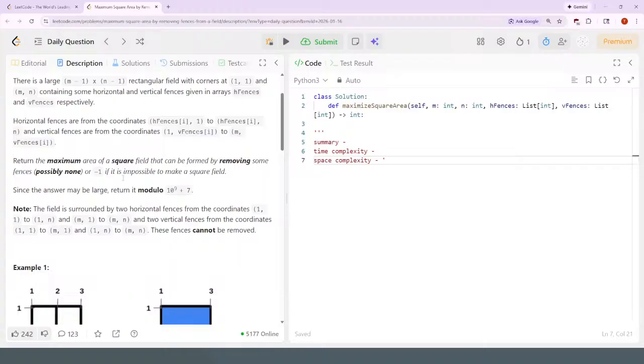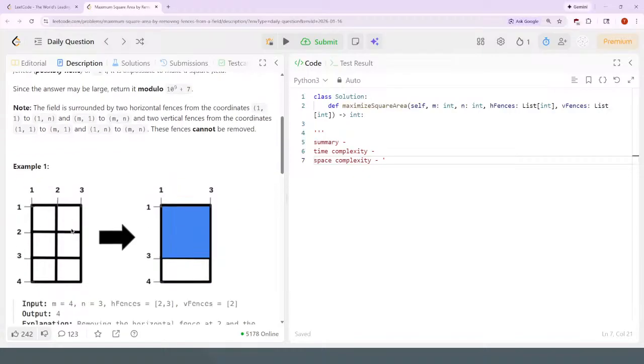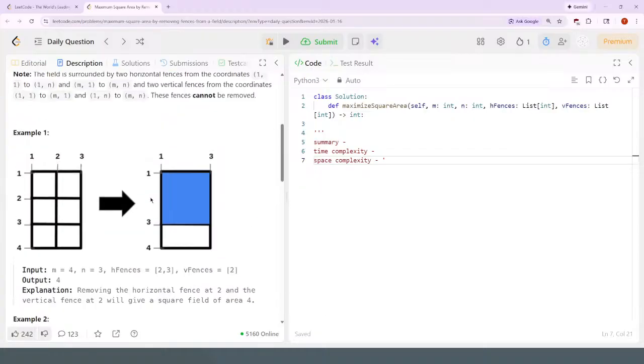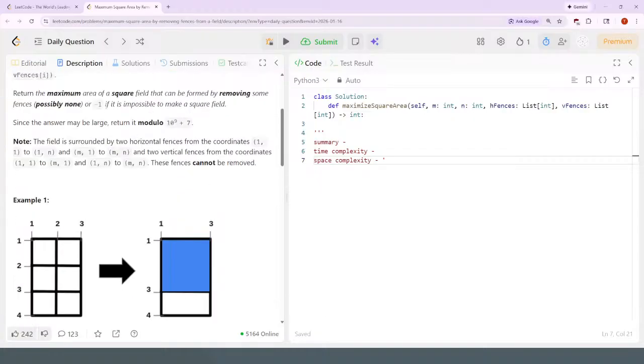Can be removing some fences, possibly none. Okay, so you can remove 2 or you can remove 3. And vertical fences can remove 2. So here just remove the 2 horizontal and the 2 vertical. You return the largest maximum area square field.